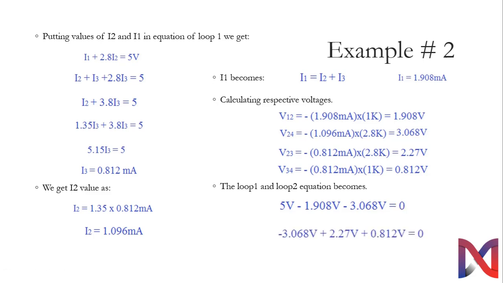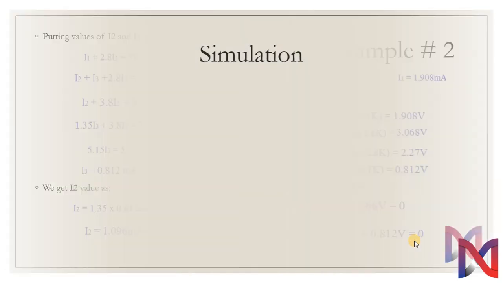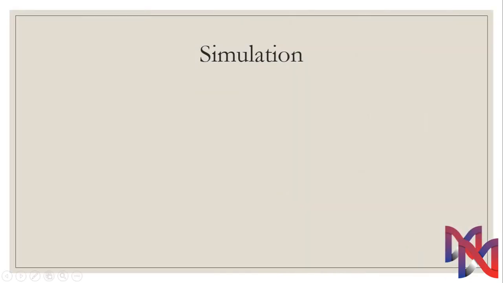Similarly, for equation 2, we have minus 3.068 volt, because we have taken the voltage from 4 to second point. So minus 3.068 volt plus 2.27 volt plus 0.812 volts. This is also equal to 0. Hence KVL is proved for both loops and for the circuit as well.